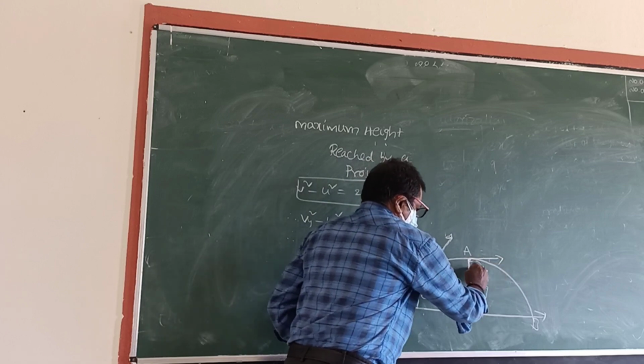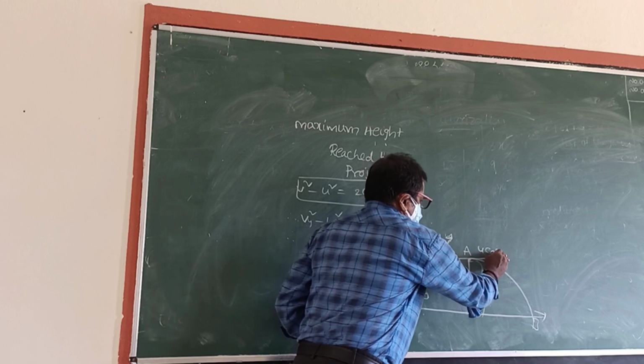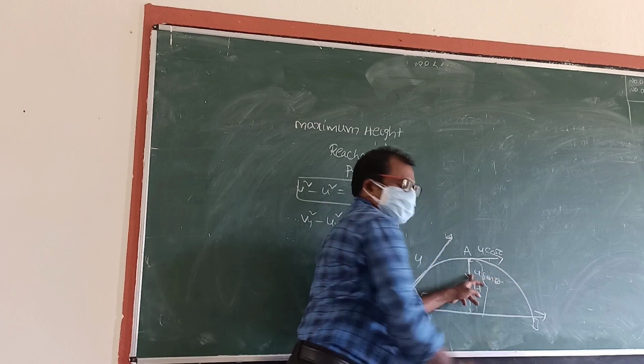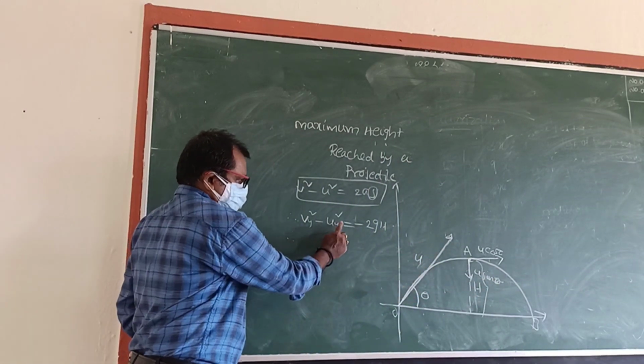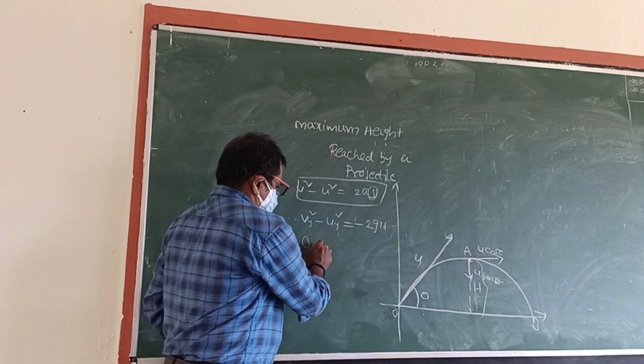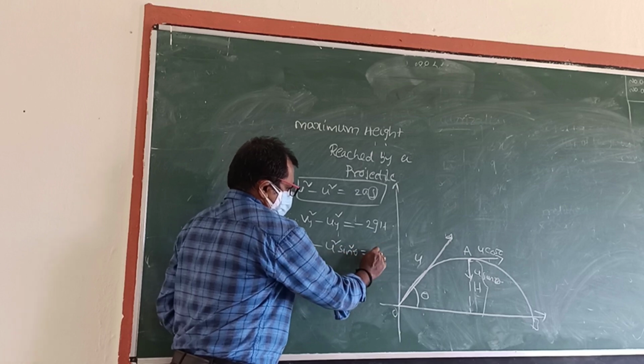Here the final vertical component of velocity Vy becomes 0 at the maximum height. Therefore, Vy is equal to 0 minus u square sin square theta, since uy is equal to u sin theta.